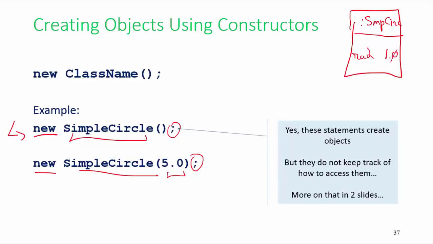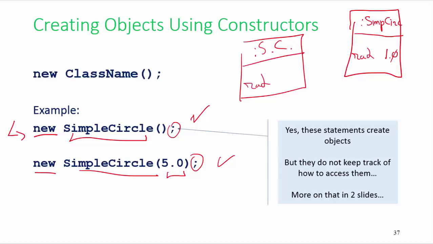And then when you execute the second statement, it creates another object of class SimpleCircle with a radius of, this time we pass the radius as a parameter, so we use the constructor that takes an argument and assign it to the field. The issue with this is that there's something missing here.